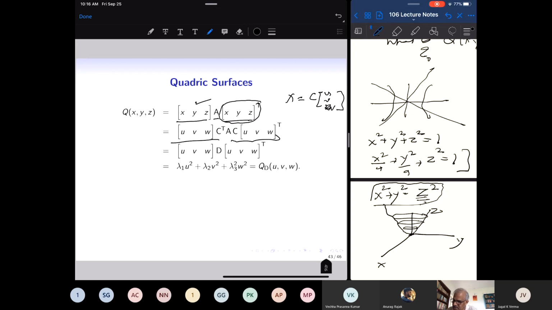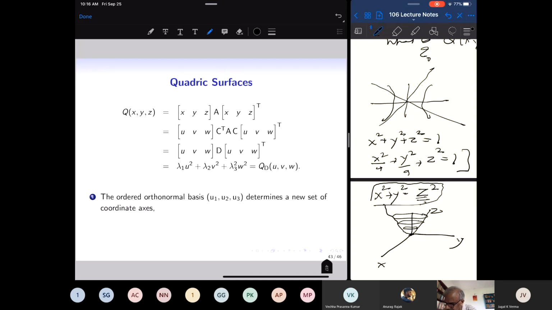So when you substitute this, the matrix gets diagonalized. C transpose AC becomes a diagonal matrix because the column vectors of C are eigenvectors of A. And D becomes a diagonal matrix. The diagonal entries are lambda 1, lambda 2, lambda 3. So this is the quadratic form in uvw corresponding to the diagonal matrix D of eigenvalues. So Q(xyz) is equal to Q_D(uvw) by change of coordinates.